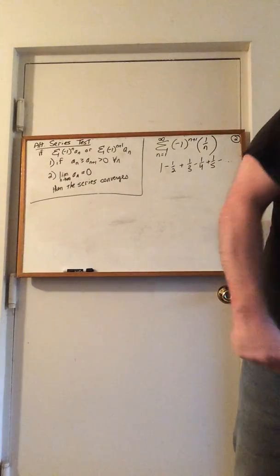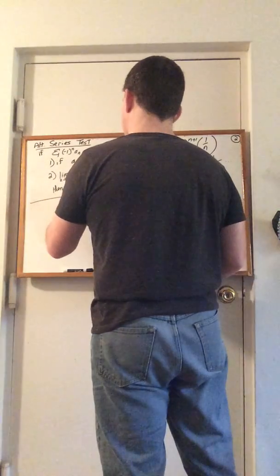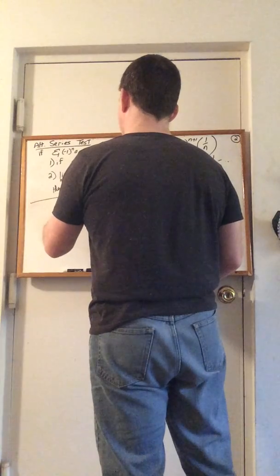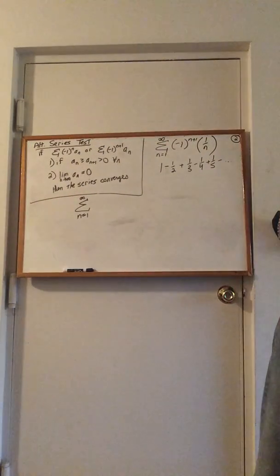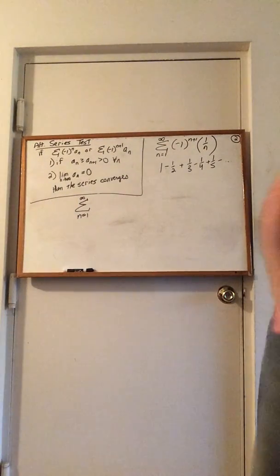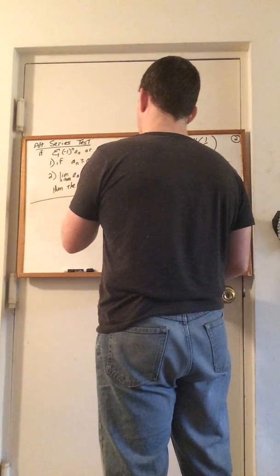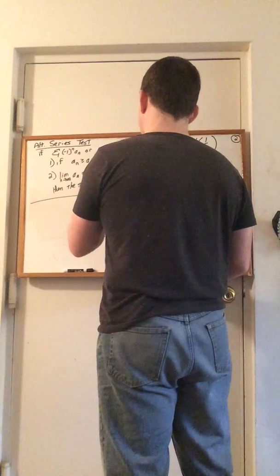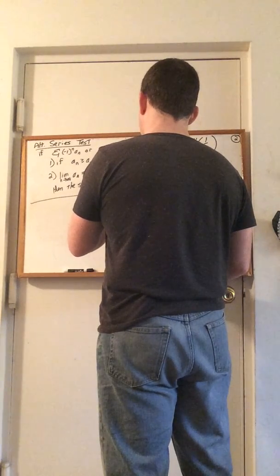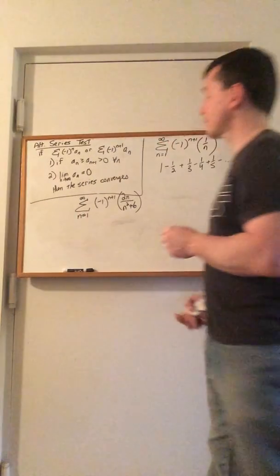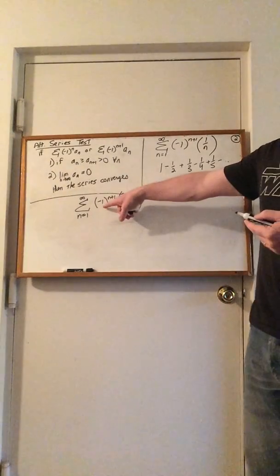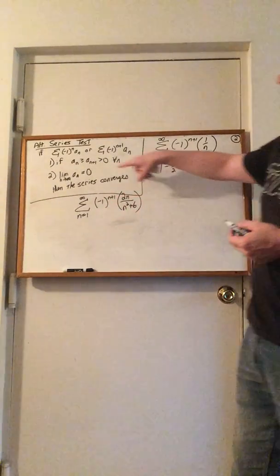Two more really quickly. Suppose I have the series n equals 1 to infinity, negative 1 to the n plus 1, times 2 to the n over n squared plus 6. Clearly an alternating series right here, so I run the check.